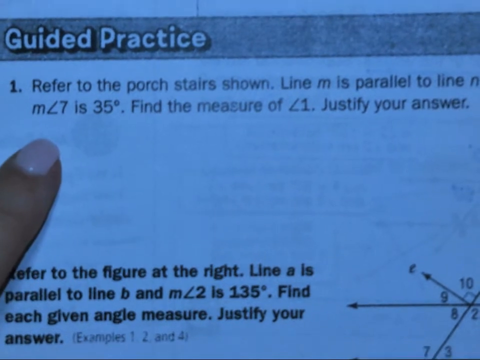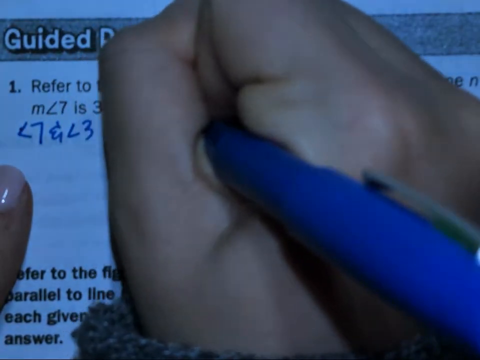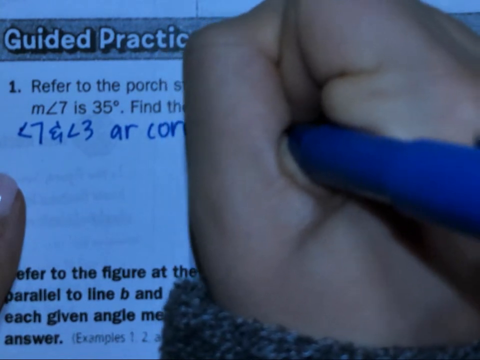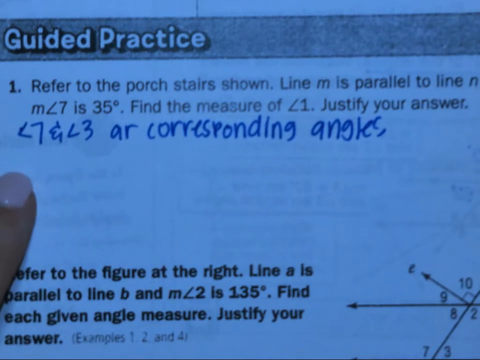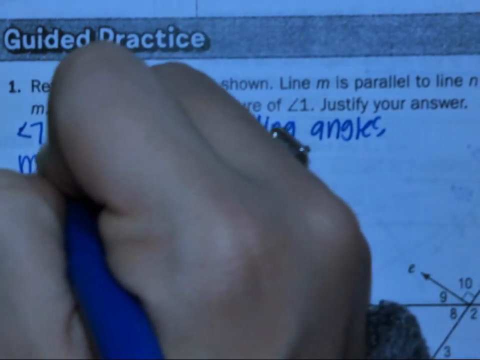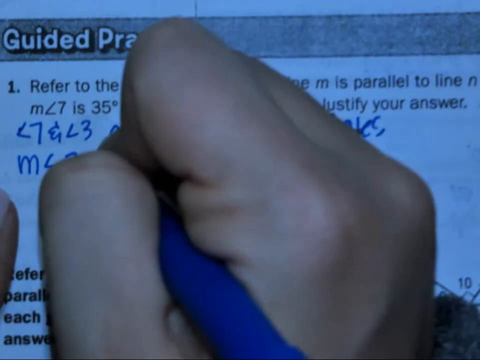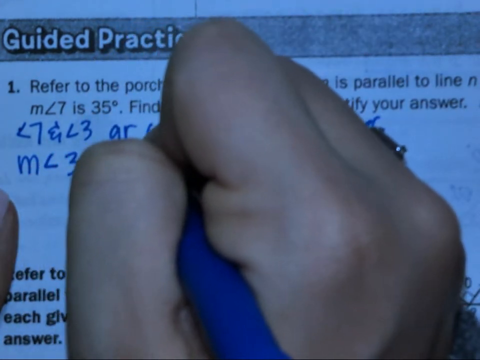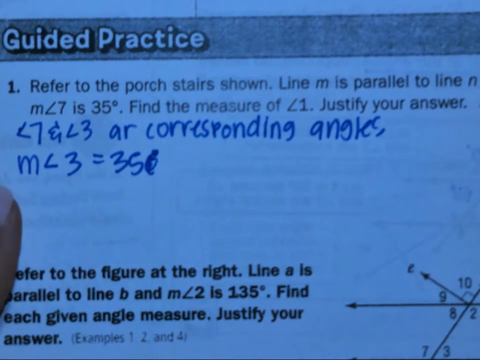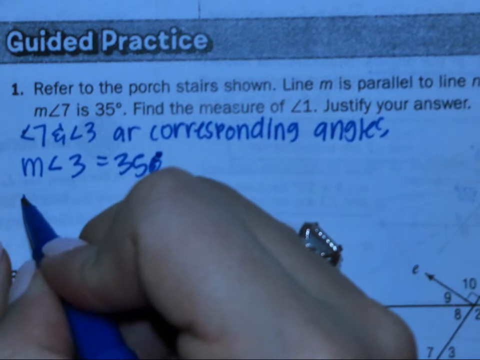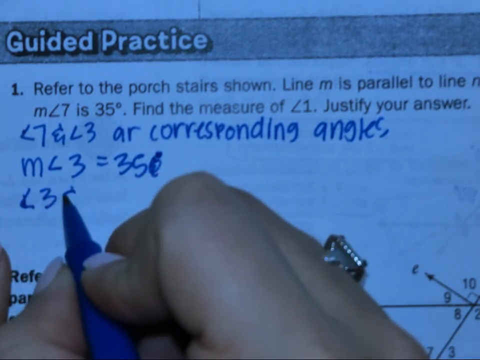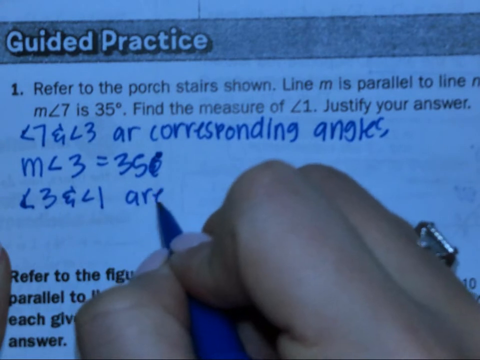First, we found out that angle 7 and angle 3 were corresponding angles, right? So the measure of angle 3 was, what did we say it was, 35 degrees. So now that I know the measure of angle 3, we said that angle 3 and angle 1 are supplementary.